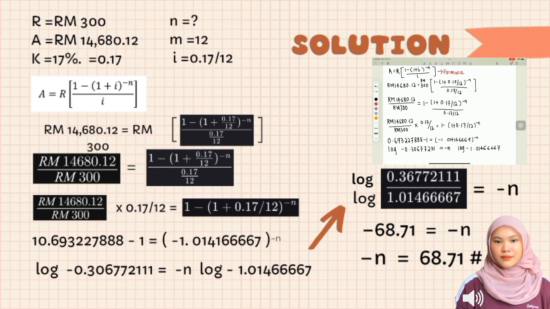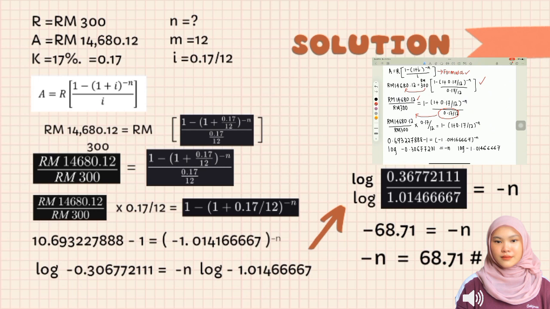After we get the information from the question, we will put the information inside this formula, and it will become like this. This one, 3000, we will put on the left side. After that, this one, we're gonna put on this side.